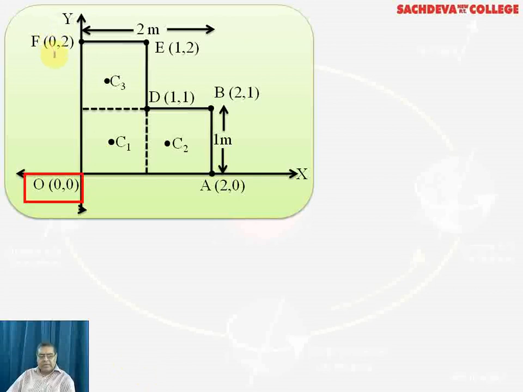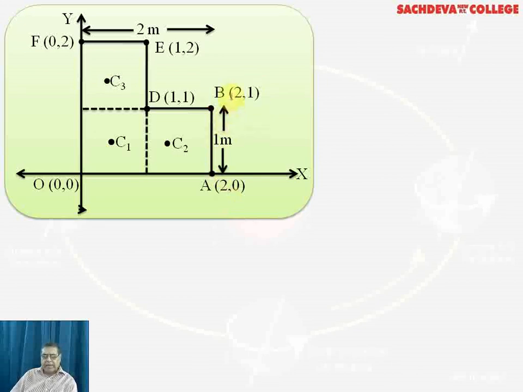We find that (0, 0) is the origin. Then there is a point A whose length is 2 on the x-axis, and on the y-axis it has no breadth. So the coordinate of A will be (2, 0). Similarly, the coordinate of B of the square will be (2, 1).